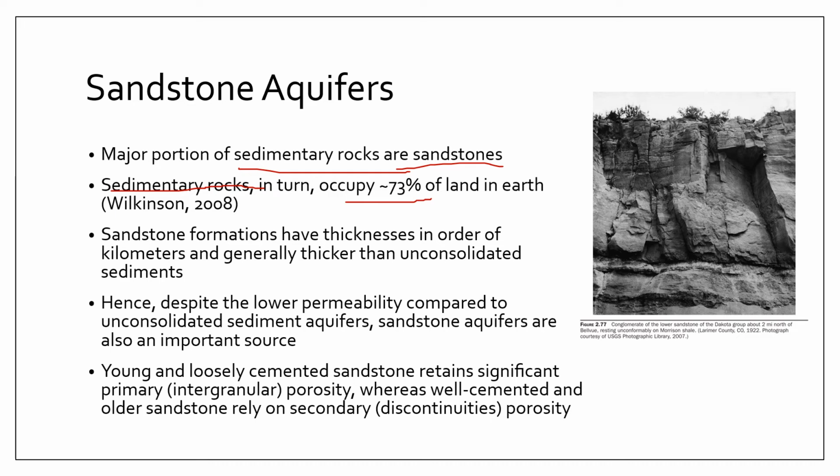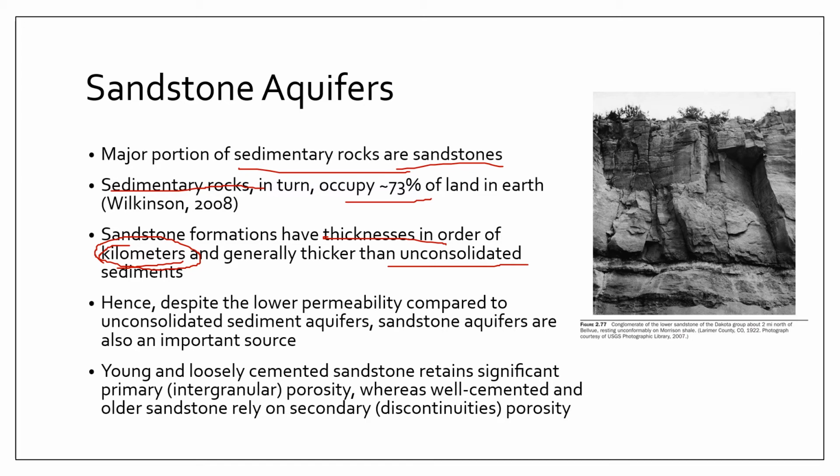Another feature of these aquifers is that they have really thick formations, in the order of kilometers. So you're talking about kilometers here, which is much bigger than what you'd expect in unconsolidated sediments.